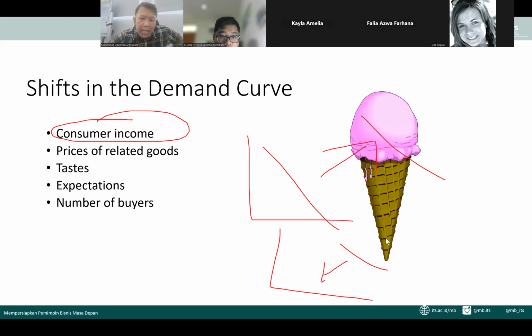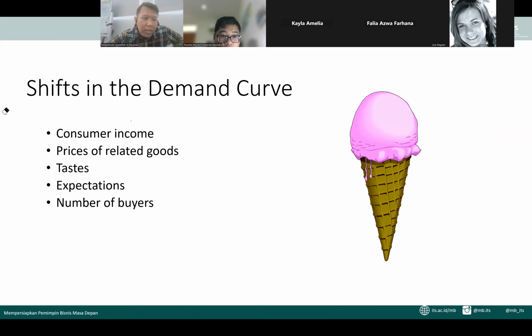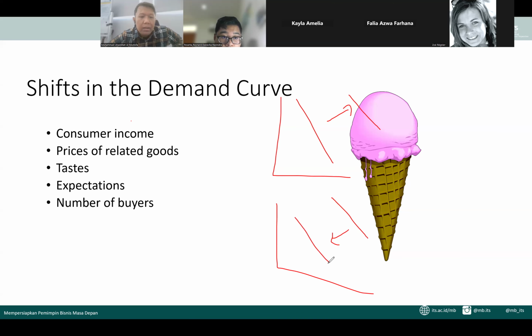When I say the demand shifts to the right, it means the demand increases. When I say the demand shifts to the left, it means that it reduces.